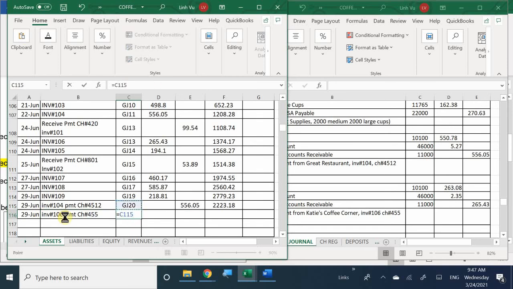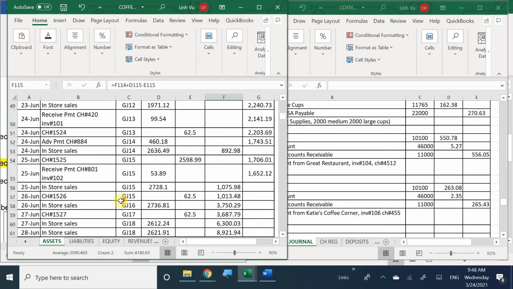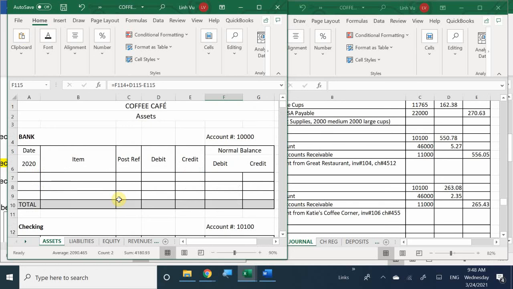Once again, general journal number 20. And we received a check for a total amount. She owes us a total of $265.43. So how much is going to be my new accounts receivable account? 1957.74.